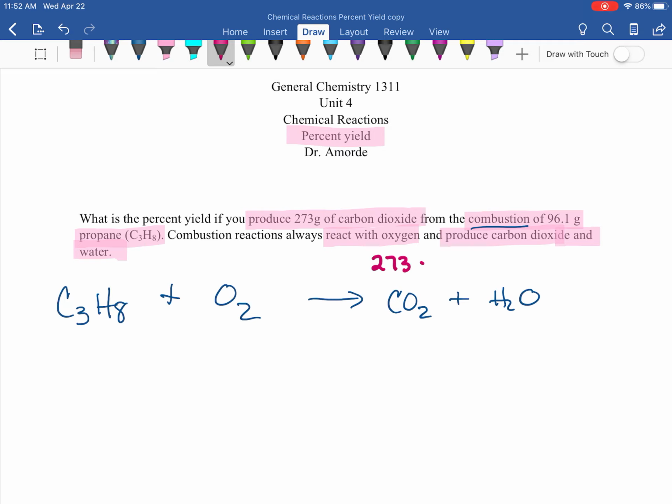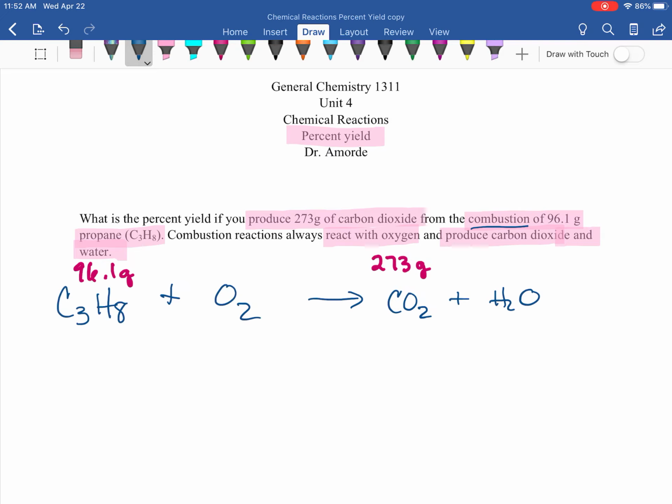Okay, so we already know once we write out our reaction, let's go ahead and add our amounts on here. We are going to make 273 grams of carbon dioxide, and we are starting with 96.1 grams of propane. All right, you already know what to do. Let's find our balance.